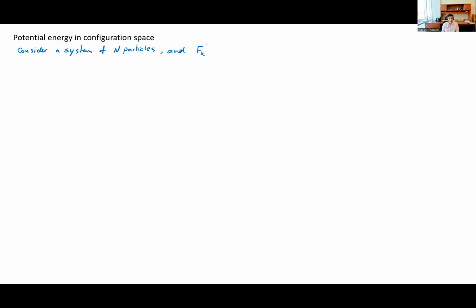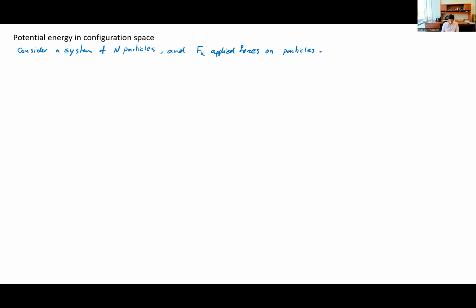These forces F_k are being applied in any of these coordinates of the n particles that we have. These are applied forces on particles. So that is our setup.